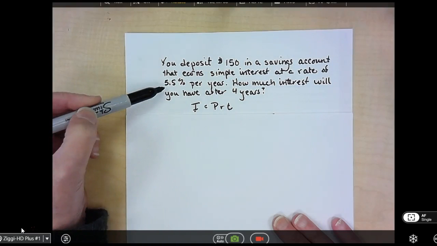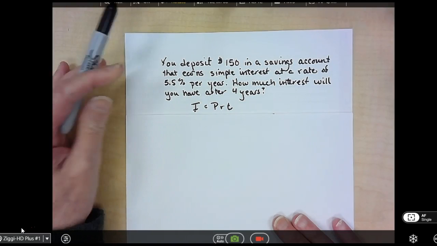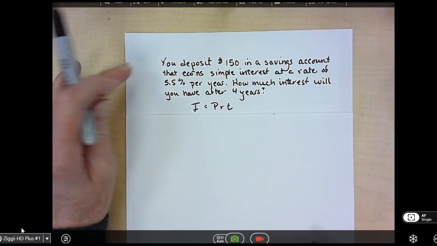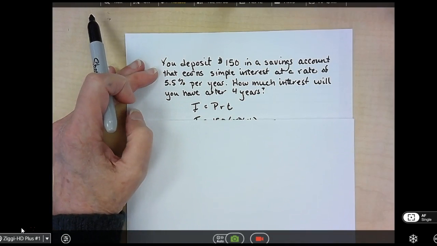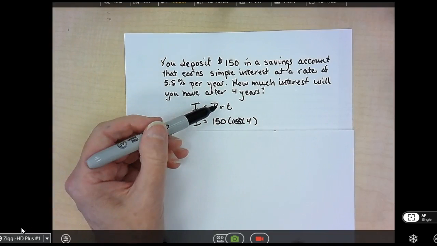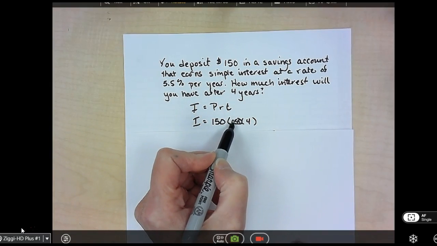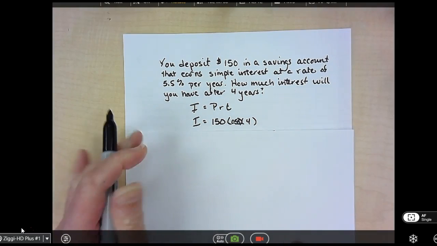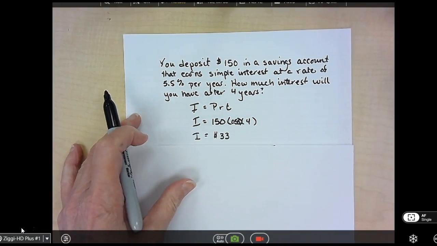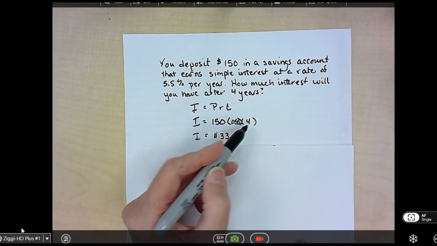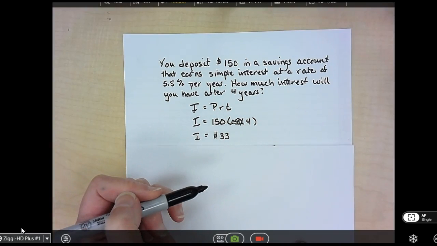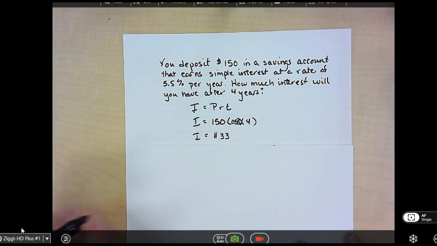My rate, 5.5%, we're going to write as the decimal, and time is 4. So P was 150. My rate, 0.055 times 4. Put that in your calculator. And after 4 years, you're going to have $33 worth of interest. And your problem would be done. So those are your examples of your problems and what you're going to be doing in your homework.